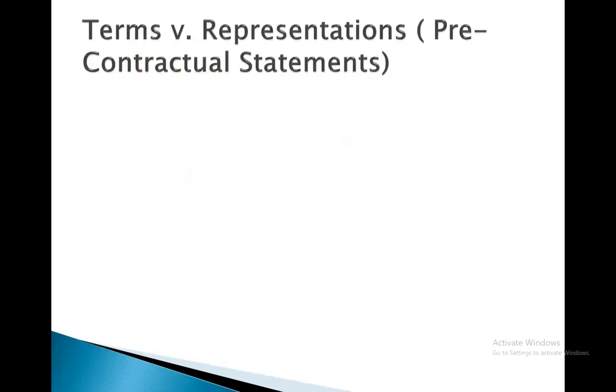Now, having known what express terms are, how to find out express terms if you are dealing with a written contract, and how to find express terms when we are dealing with oral contracts, we would like to move our discussion forward.